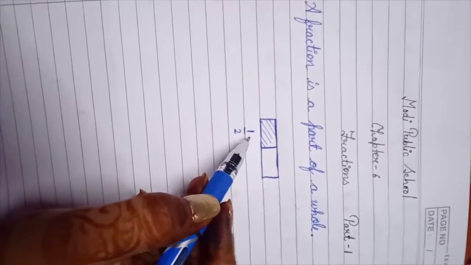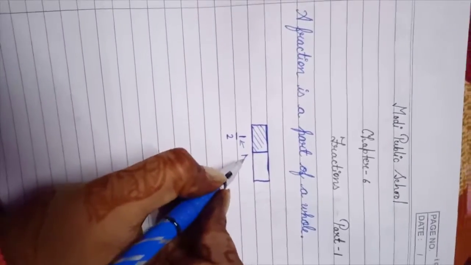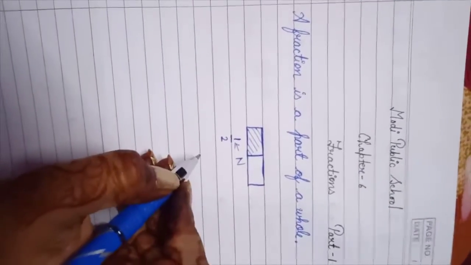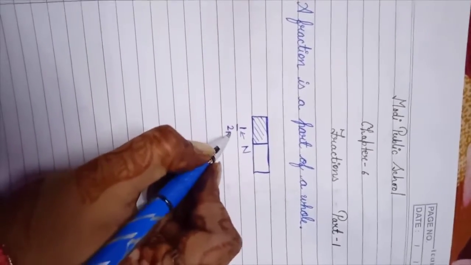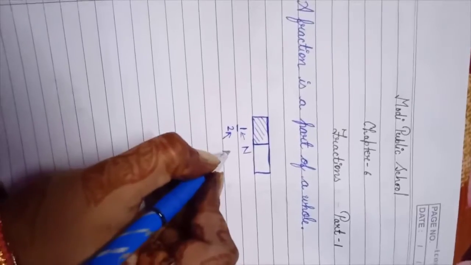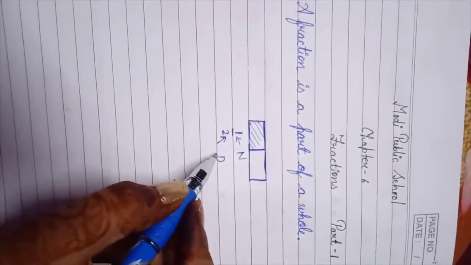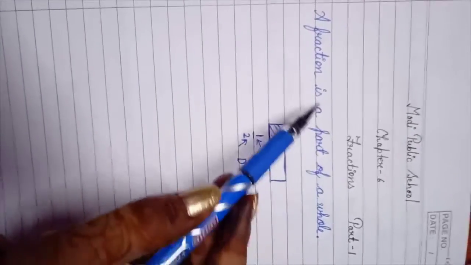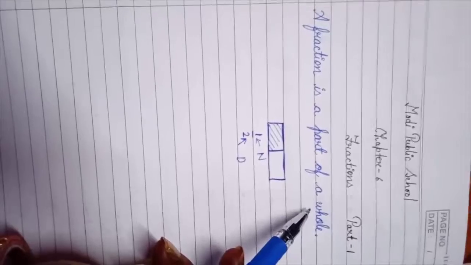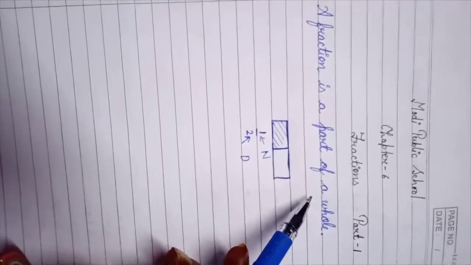The upper part of this number is called the numerator. And the number which is written below the horizontal line is called the denominator. Let us revise what fraction numbers are. A fraction is a part of a whole. It means these are not complete numbers. They represent some part of it.